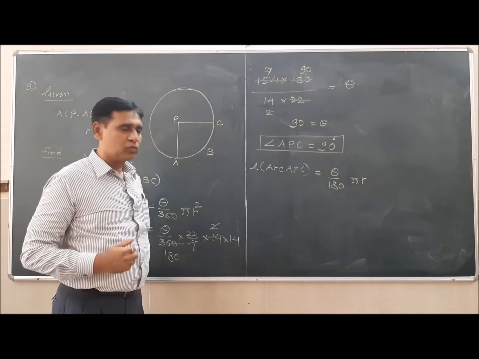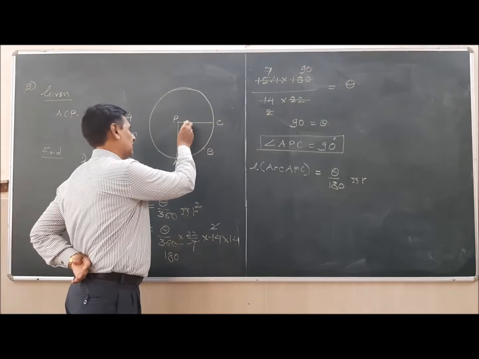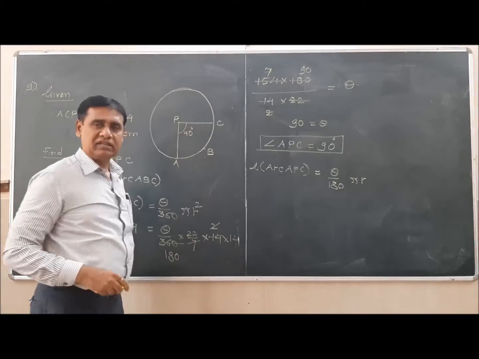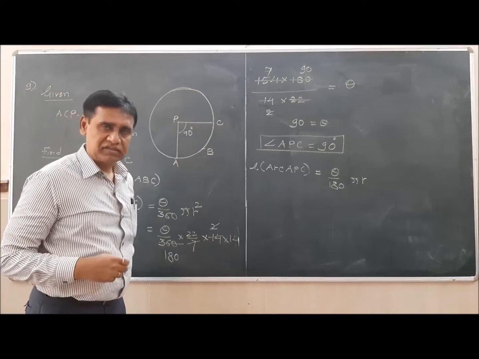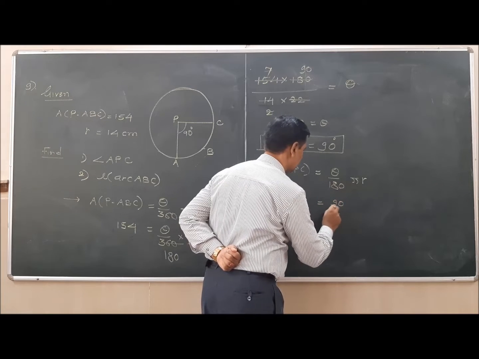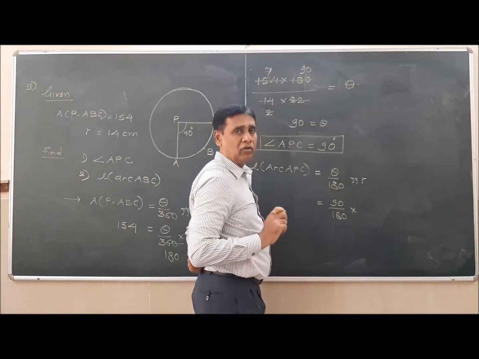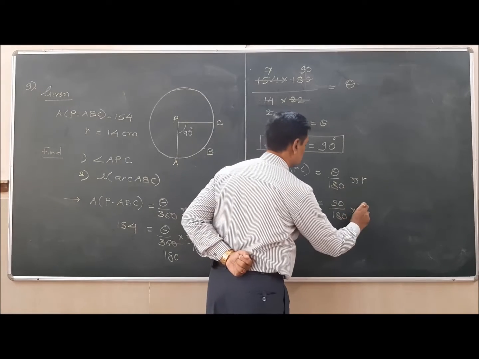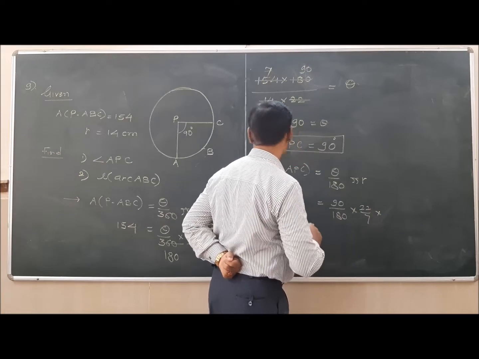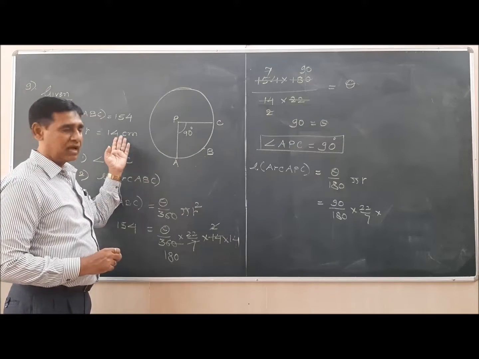Theta upon 180 into pi r. Here, the value of theta is the central angle. Now we know the value of angle ABC or central angle, which is 90. So 90 upon 180 multiplied by pi. Value of pi is 22 upon 7 into radius. Now in this case, radius is 14.